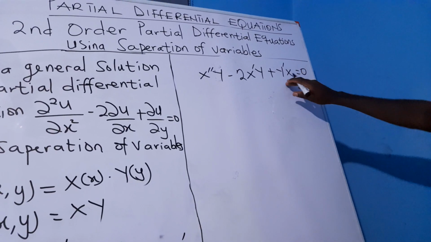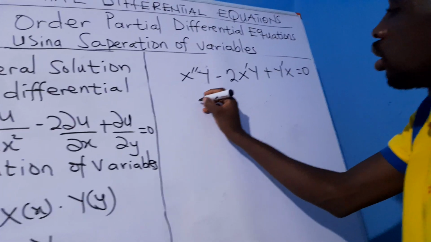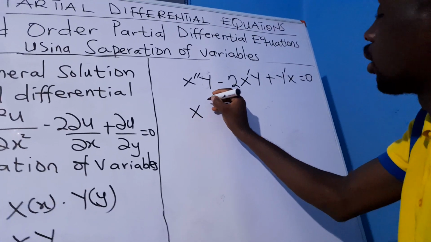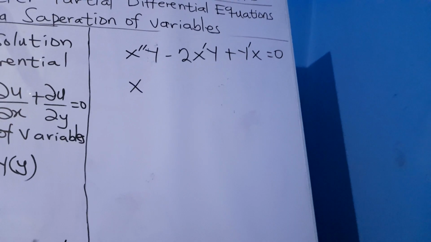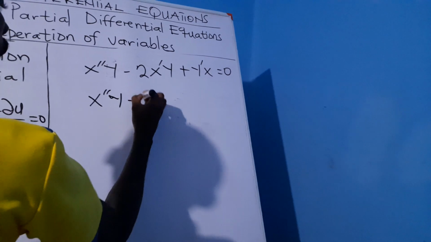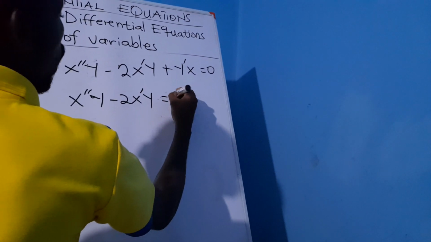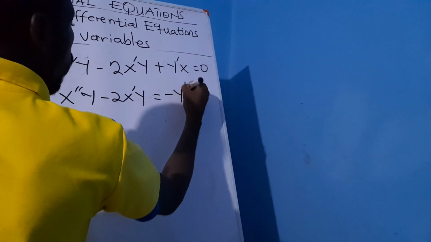So we can send the y prime x to the other side. So our x prime prime y minus 2x prime y will be equal to negative y prime x.